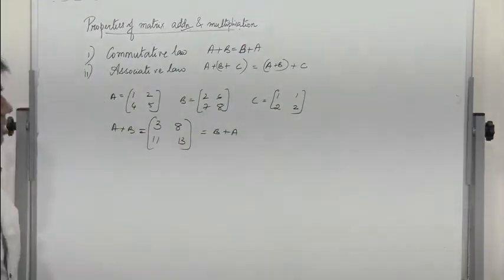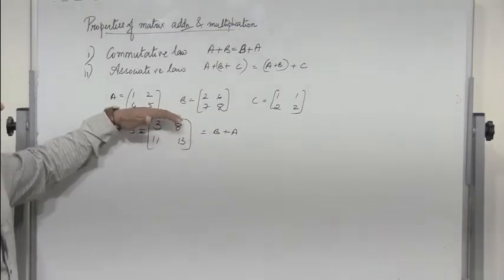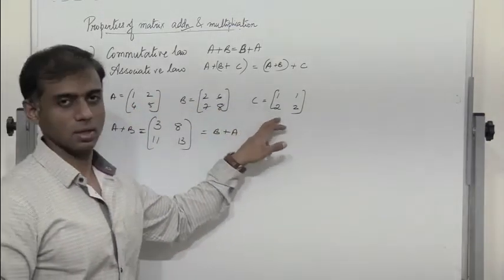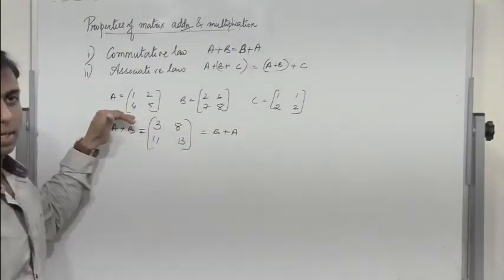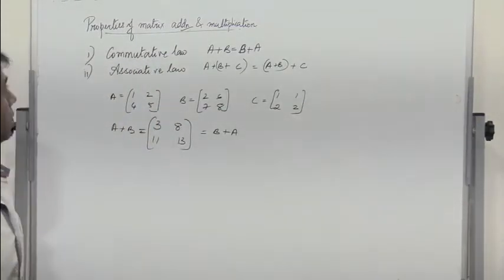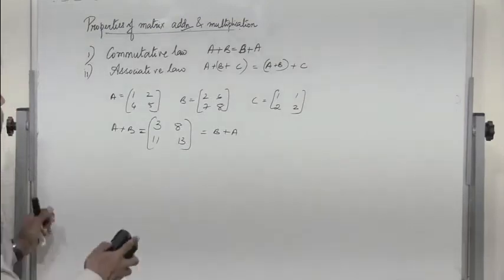Right? So similarly, the associative law can be easily proved. You can take three matrices, add these two plus C will give me the same answer as B plus C plus A. Right? So now let us go through some of the properties of matrix multiplication which are more important.